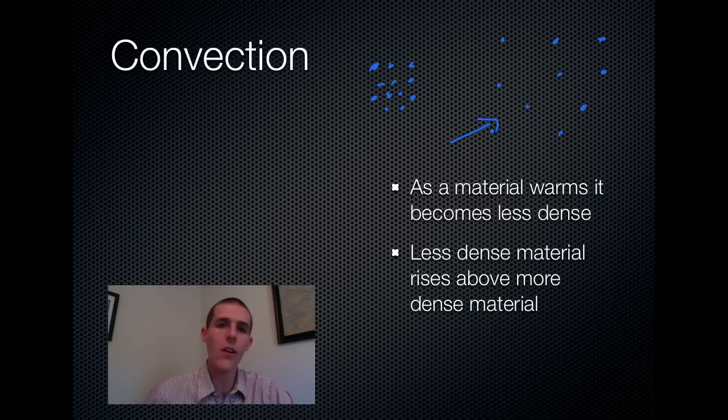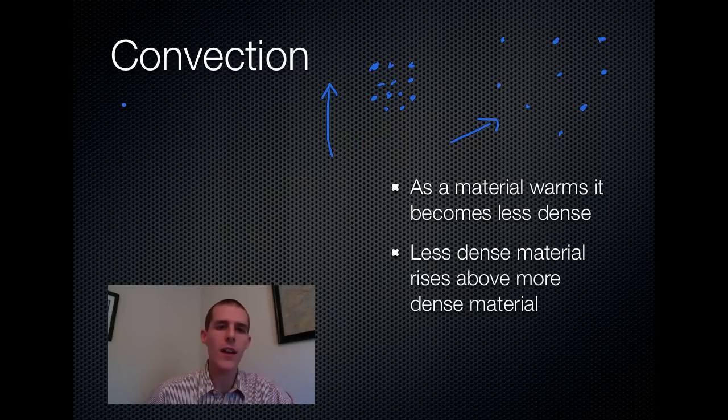When materials are near each other, the least dense material is always on top, and the more dense material is always on the bottom. So as you heat a material up and it becomes less dense, it will rise above any materials that are more dense. A good example of this is water.